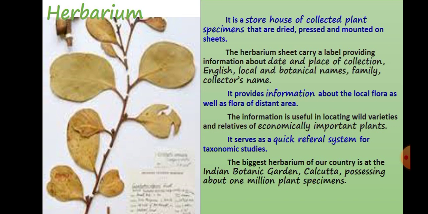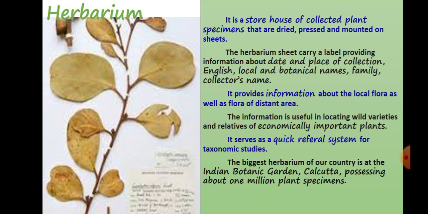It is nothing but a storehouse of collected plant specimens that are dried, pressed and preserved on sheets. These sheets are arranged according to a universally accepted system of classification. That one you remember please: after preparing a herbarium, how to arrange?